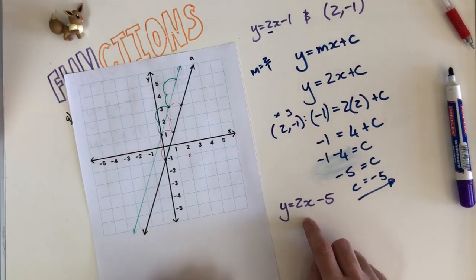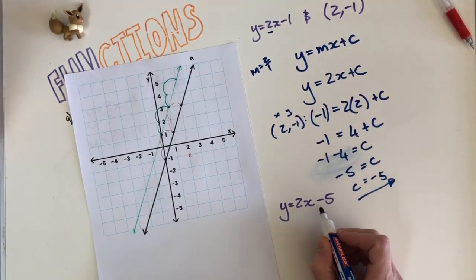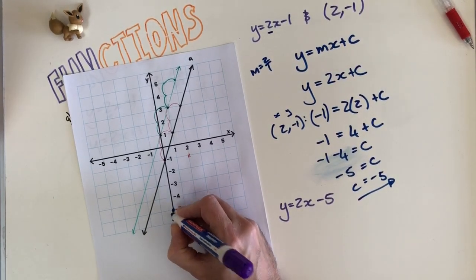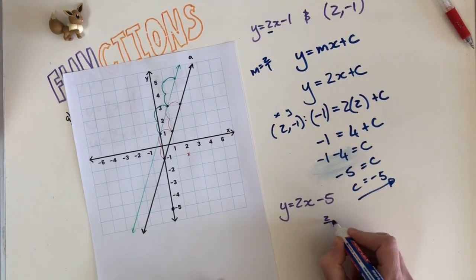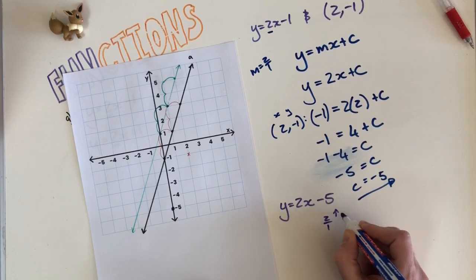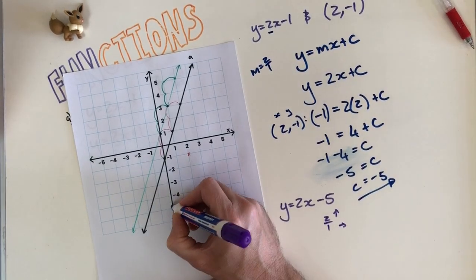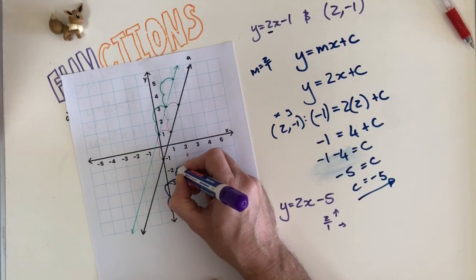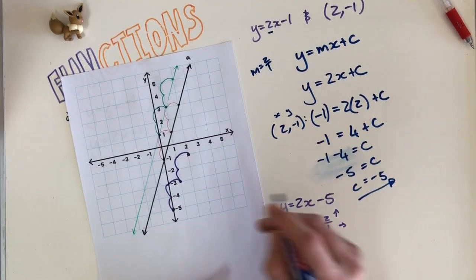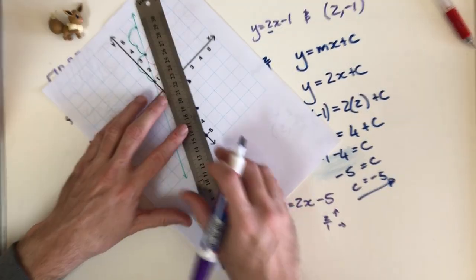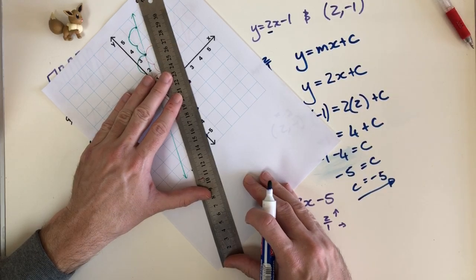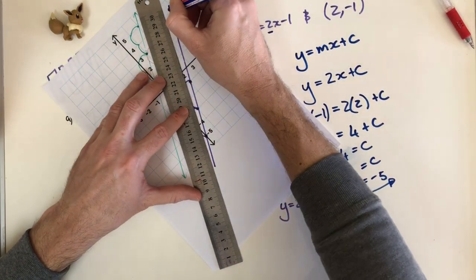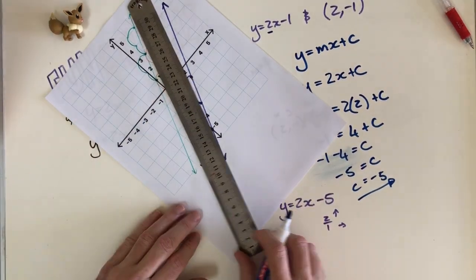So let's quickly draw this and see if we hit. Negative 5 is where I'm going to start here. And the gradient is 2, so 2 over 1. So I'm going to go up 2 and forward 1. So up 2, 1, 2, forward 1. Can do it again. Don't have to, but I see it works. And that's our line.